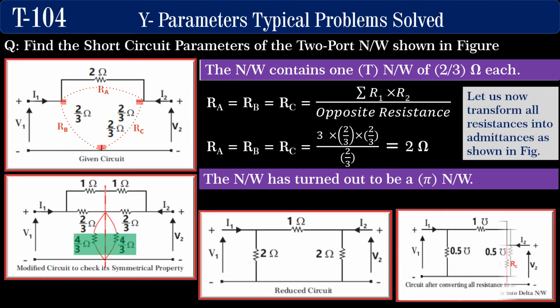So, by transforming the resistances into admittances, we see that 1 ohm is transformed into 1 mho, and these resistances of 2 ohm each are transformed into 0.5 mho each as shown in figure. Now let us use this reduced network in which all the parameters are admittances to find the Y parameters.